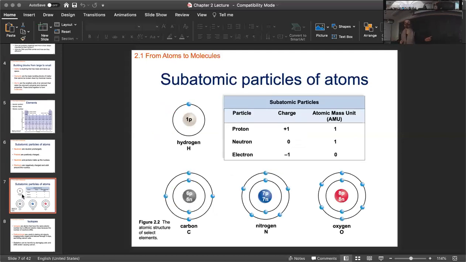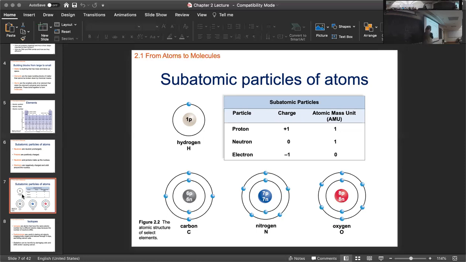Okay, here it is. So here's a couple of examples. We've got carbon, nitrogen, and oxygen. This is figure 2.2 in your book. It's showing the atomic structure of select elements. What this means is atomic, the word here meaning atom, so we're thinking very singular, small structure of these specific atoms.